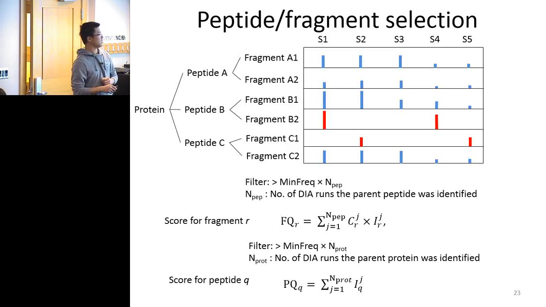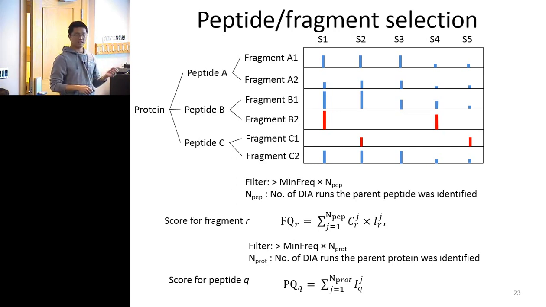So here the idea is, for this protein we have a lot of fragments to select from, and we have different conditions, sample 1, 2, 3, 4, 5. This shows, for example, the intensity of that fragment across different conditions. We can easily see A1, A2, B1, C1, and C2 have a similar profile across the different conditions.